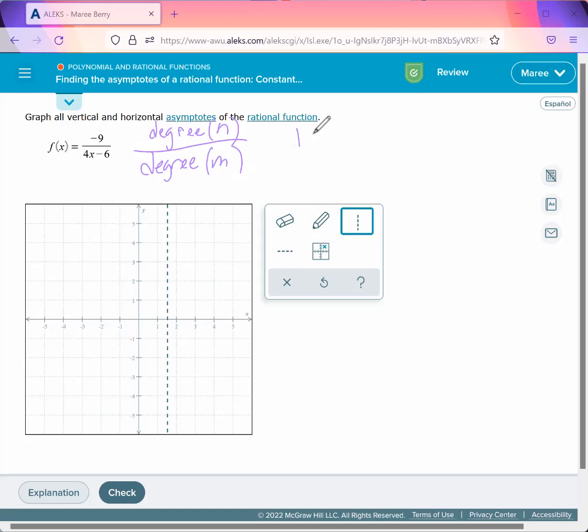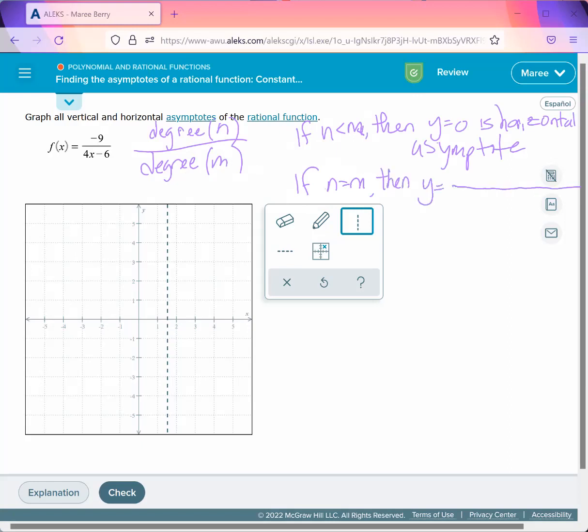If n is less than m, then y equals 0 is the horizontal asymptote. If n is equal to m, then y equals a fraction where you put the leading coefficient of the numerator over the leading coefficient of the denominator.